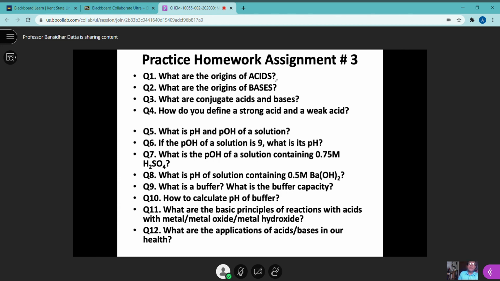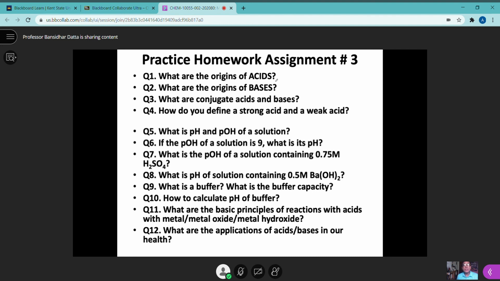What is pH and pOH of a solution? It's the negative log of the concentration of hydronium ion, and the negative log of hydroxide ion. If I give you an acid concentration, you can determine the pH, and you can also determine the pOH. If you know the pH, 14 minus pH equals pOH, and vice versa. If you know the pOH of the base, then 14 minus pOH is the pH.